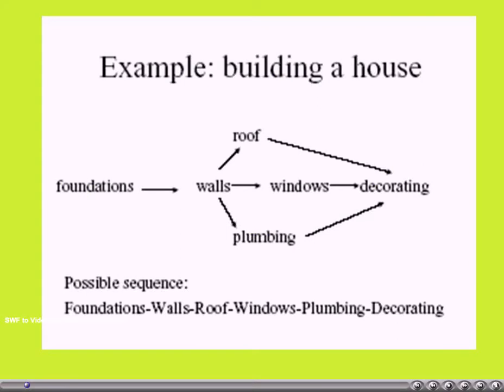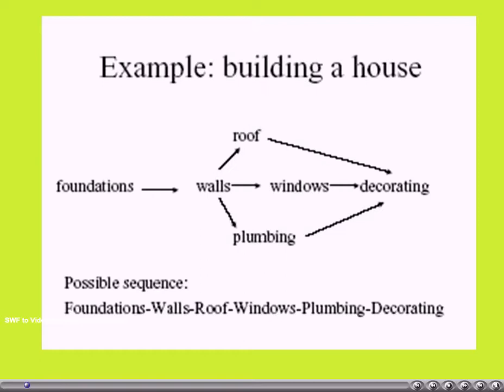For example, let us consider some of the activities in constructing a house. We may have the following types of activities: making foundations, constructing walls, constructing roof, then installing plumbing, installing windows, then finally decorating the house.